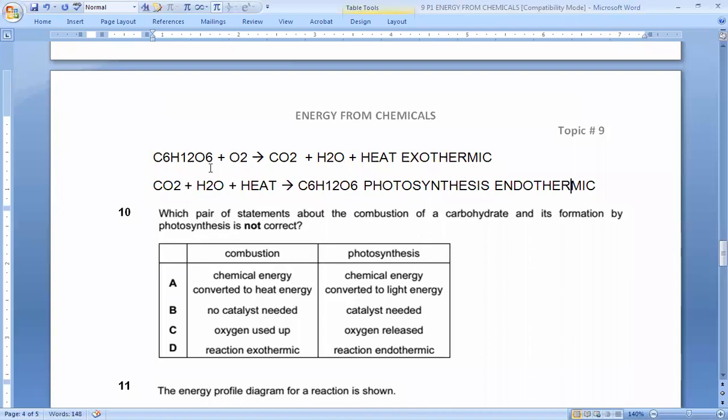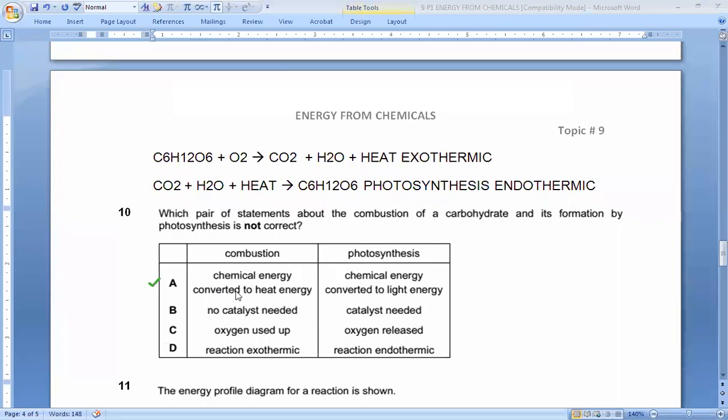Now understand a little. In combustion, glucose chemical energy is changed into heat, while in photosynthesis chemical energy is converted into light energy. So question number 10, option A is correct. How?